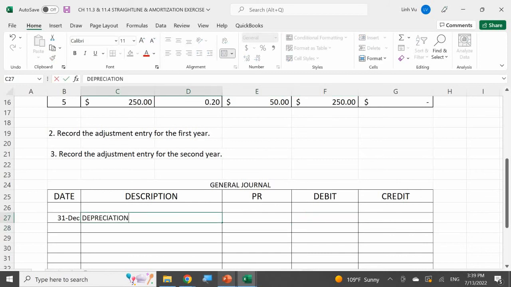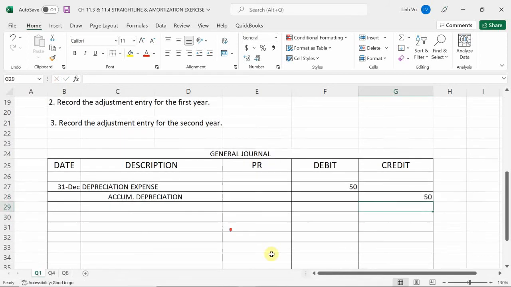Excellent, right? Depreciation expense for $50. Okay, and what's my credit account? It's depreciation. What word goes before it? Accumulated depreciation. There you go. Accumulated depreciation.